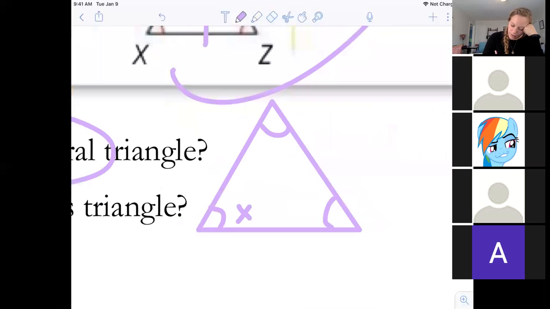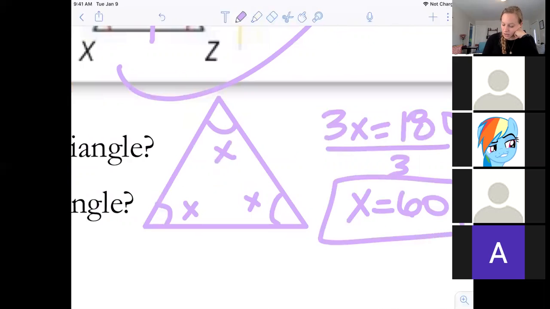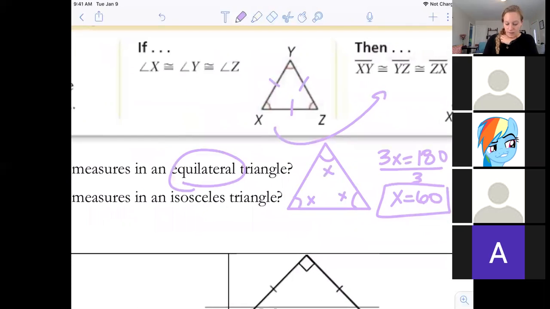If I know that they're all the same and add up to 180, if I didn't know, I could just set x plus x plus x equal to 180, and then I'd get x equals 60. So 60 is the only thing added together 3 times that equals 180. Awesome. I'm going to test you about equilateral triangles, so it's probably really helpful to know that it's 60.